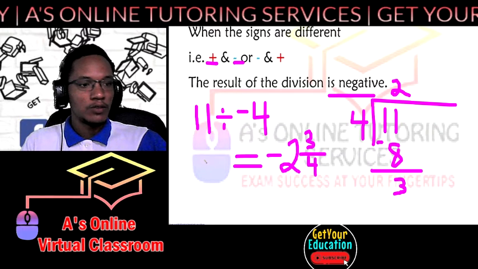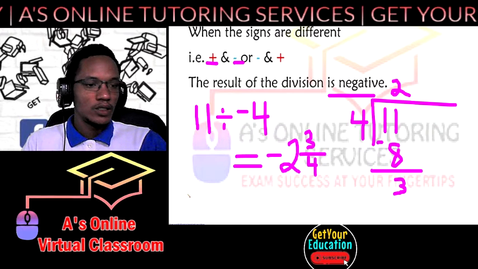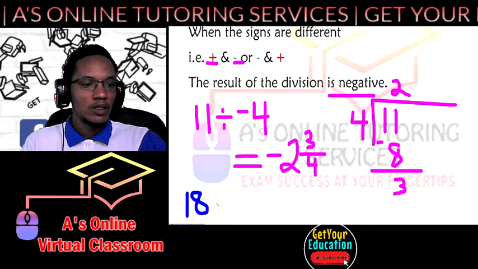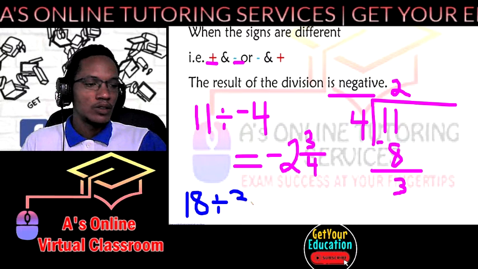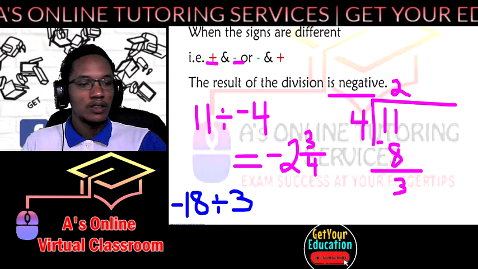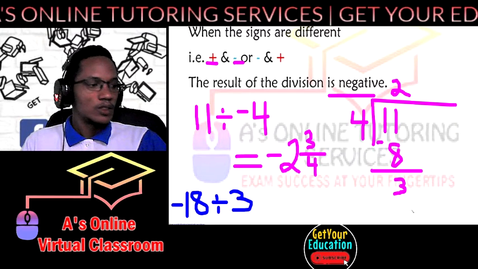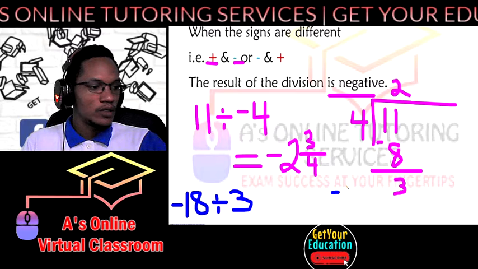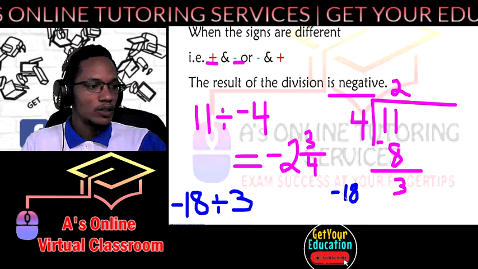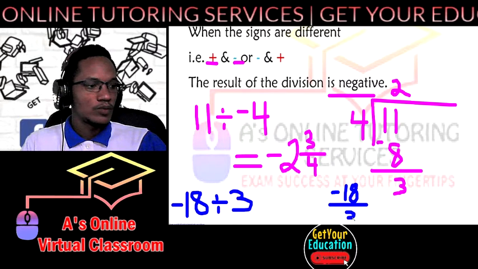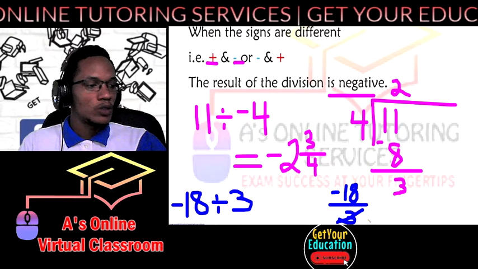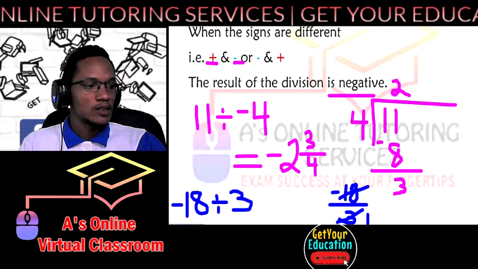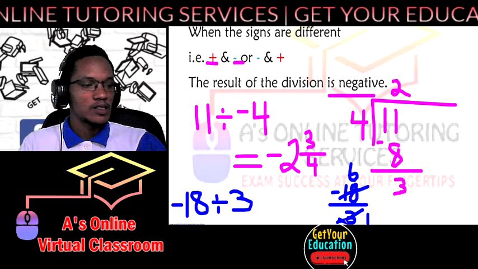If we have, let's say, negative 18 divided by 3, this is one we could do as a fraction. Negative 18 over 3. This could reduce. 3 into 3 is 1. 3 into 18 is 6.